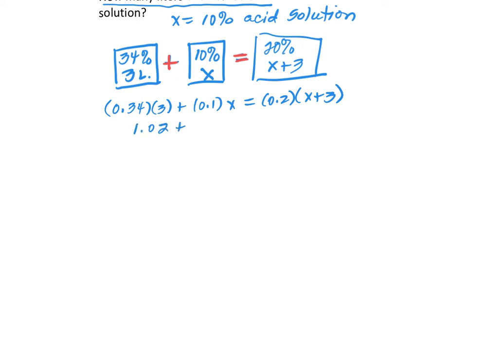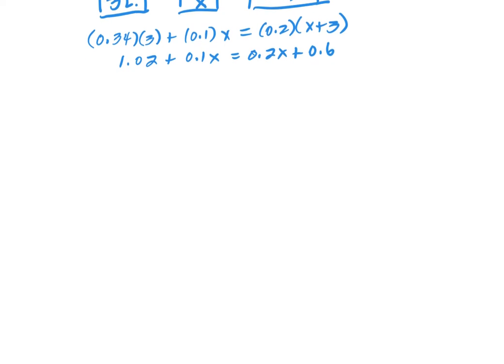1.02 plus 0.1x equal to 0.2x plus 0.6. Now this time I think I'm going to put my x's on the right hand side because I noticed that the 0.1x is smaller than the 0.2x. If I subtract 0.1x from both sides, I have 1.02 is equal to 0.1x plus 0.6.